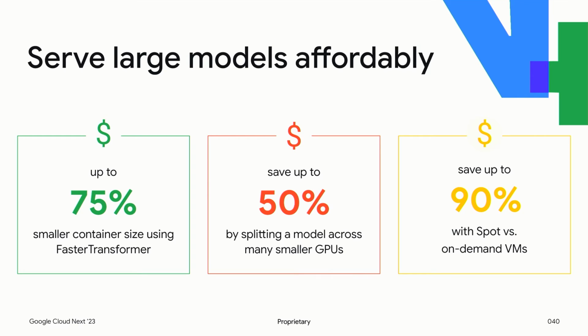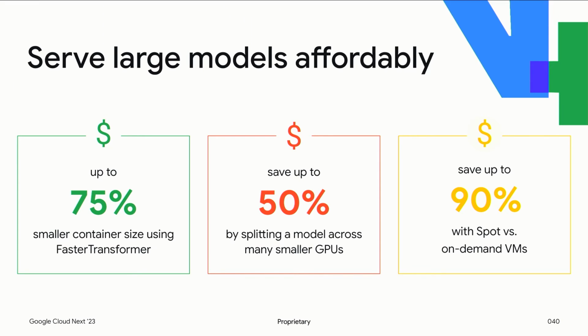I've seen other customers move inference workloads from a single A100 GPU to a multi-host inference architecture in which the model is split across many smaller GPUs, such as T4s. And in exchange for slightly increasing your serving latency, this can lower your GPU costs by up to 50%.